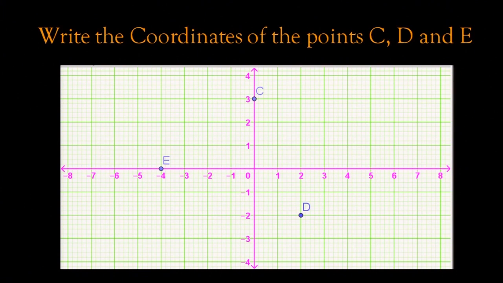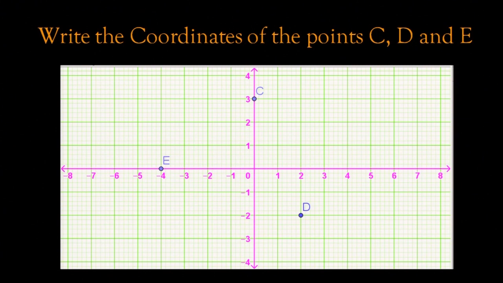So let us find the coordinates of C. If you measure 1, 2, 3, the distance of C from the x-axis is 3 units and it is lying on the y-axis. So the coordinates of the point C are 0, 3.